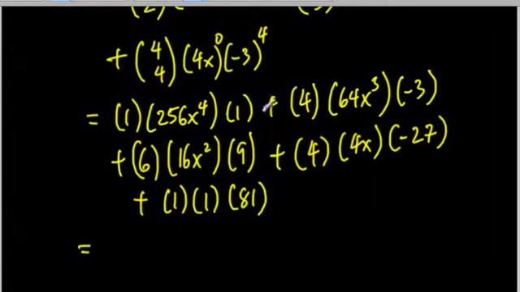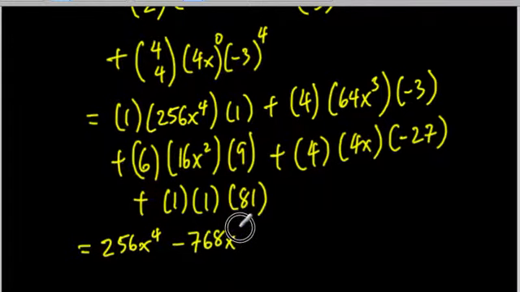So finally, the first term is 1 times 256 x to the power of 4, so it's really 256x to the power of 4. The second one is 4 times 64 times negative 3. I've basically done this beforehand, so this is negative 768x cubed.